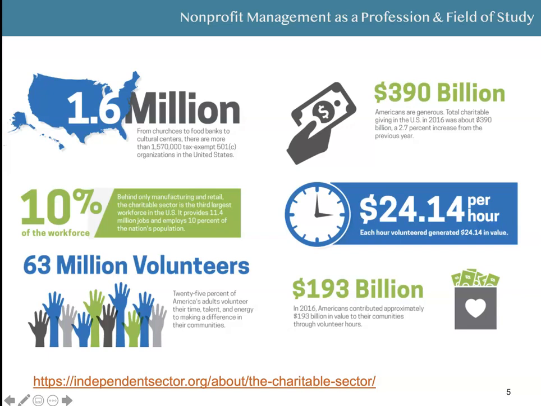But there are 1.6 million of them, and their employees represent 10% of the United States workforce. So that is only behind manufacturing and retail. So the charitable sector is the third largest workforce in the United States, providing more than 11 million jobs.